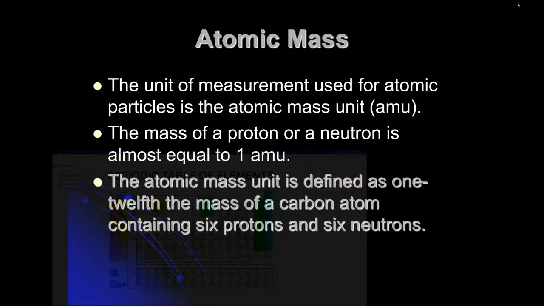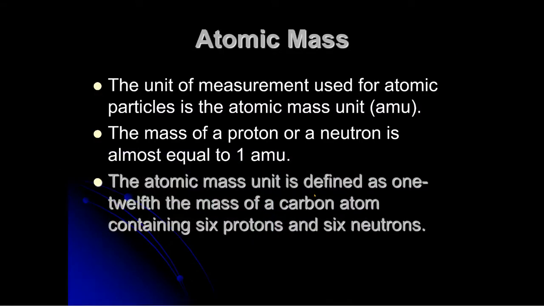So let's go back and look. The atomic mass unit is defined as 1/12 the mass of a carbon atom containing 6 protons and 6 neutrons. It has a mass of 12, and an atomic mass unit is 1/12 the mass of carbon.